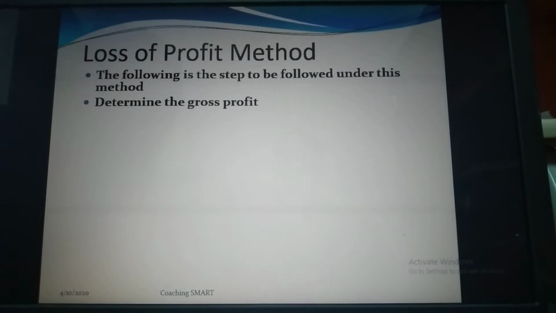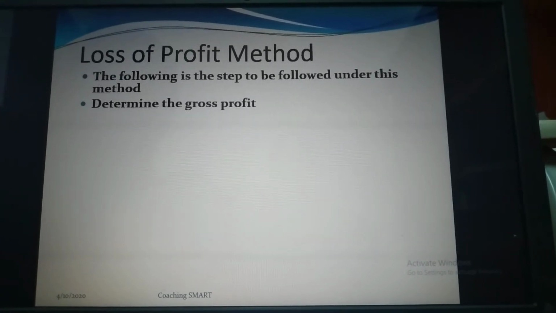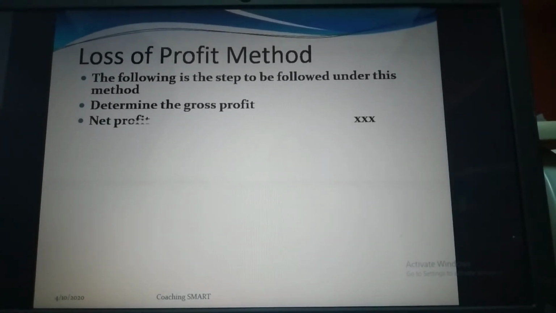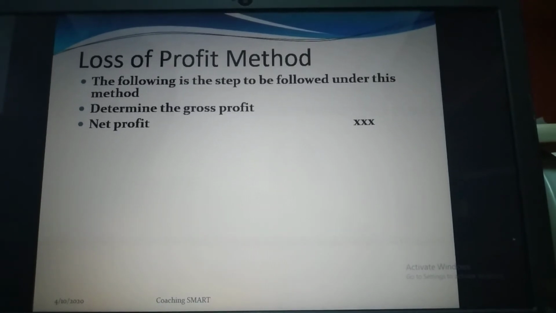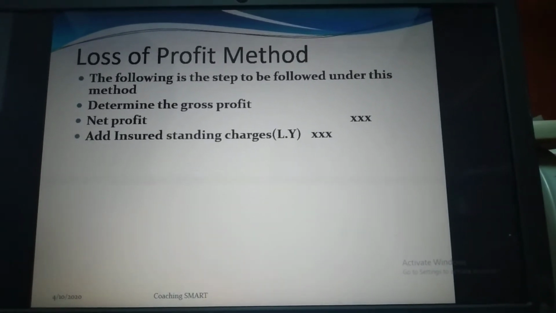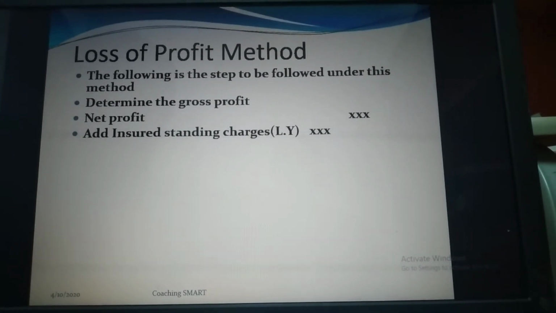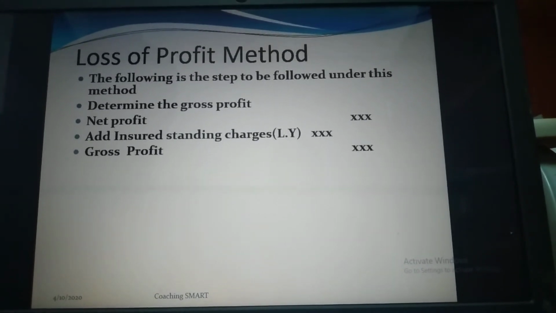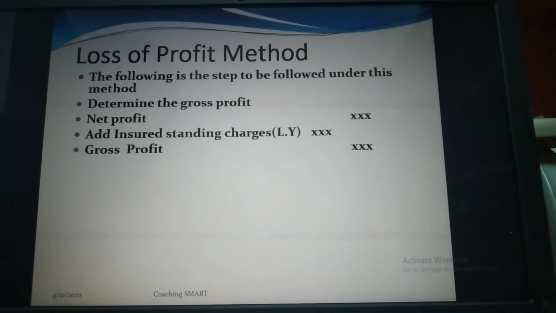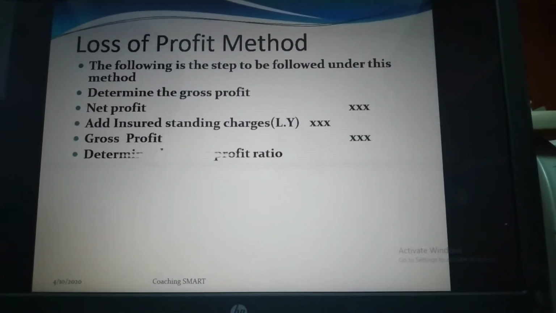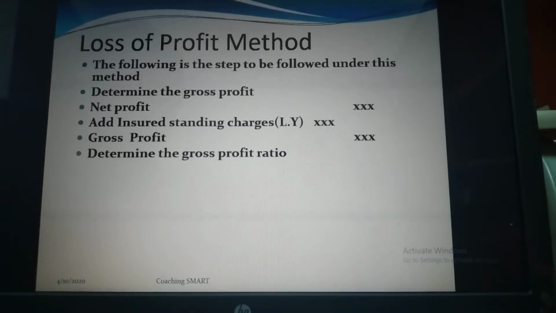Number one, determine the gross profit. Now, how do you do that? You say the net profit, add the insurance charges for the last financial year, you get the gross profit, which will help us now in number two, determine the gross profit ratio.